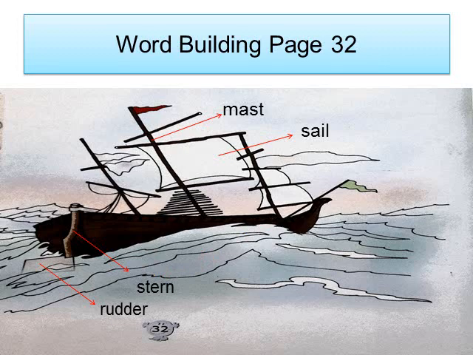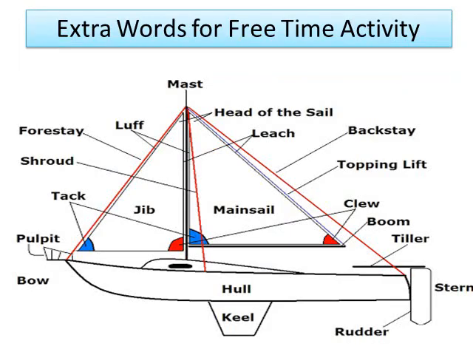Now children, we have some extra words related to a boat. These are not from your book and we don't have to learn them for the unit test. But if you learn them in free time, it will help you build your vocabulary. Let us see them one by one.